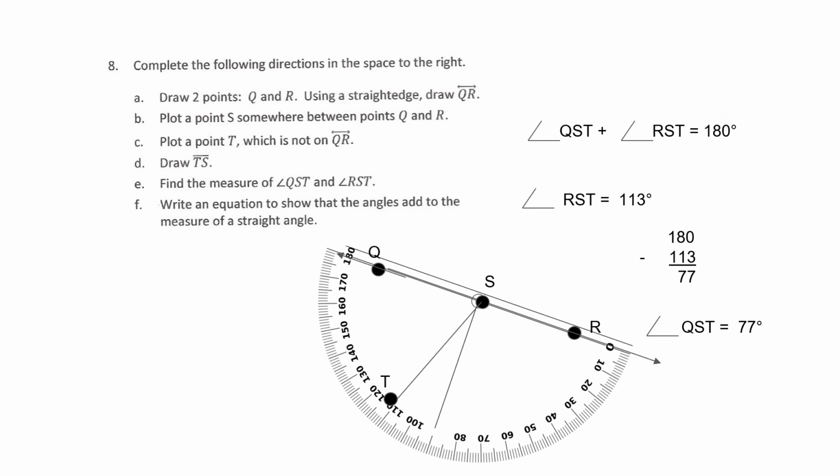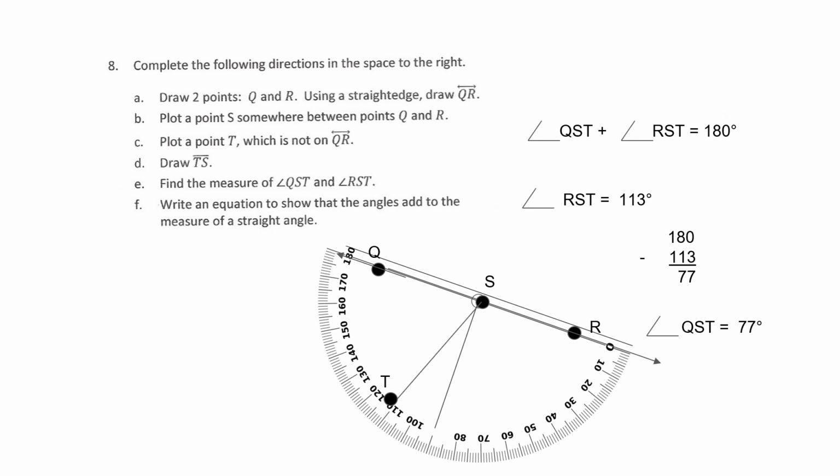So I know the QSR, or QST plus RST, is 180 degrees. And I know that RST, I measured it, is 113 degrees because we have the vertex here right in the middle. SR is right on the 0, and we come, and it's 113.